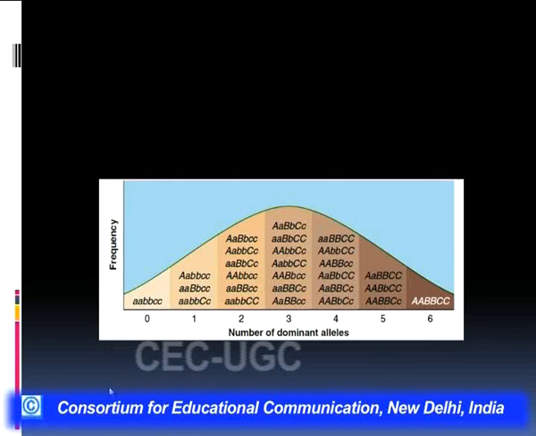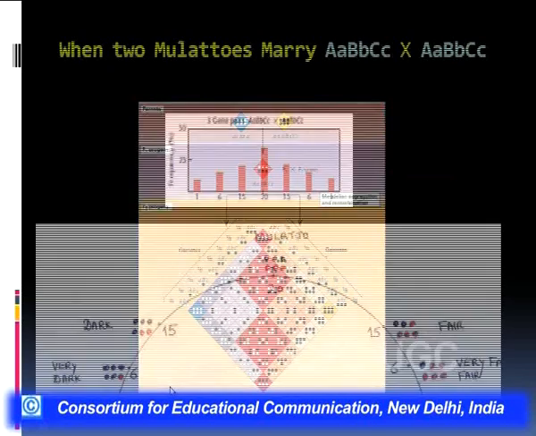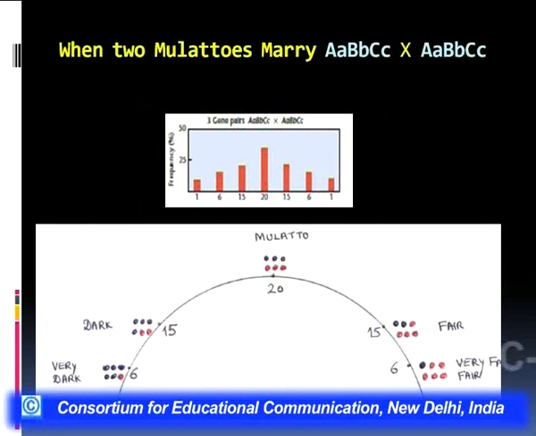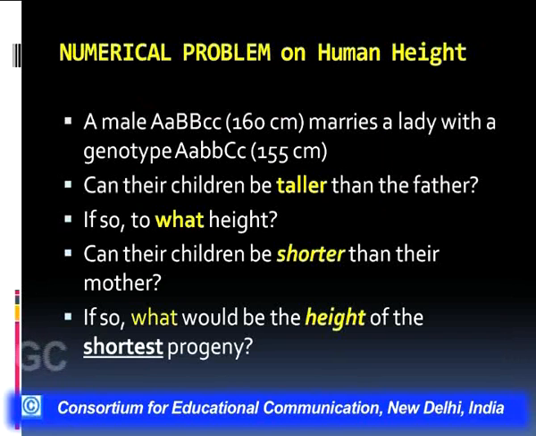If we could talk about the human height, the numerical which we usually ask is: a male is 160 centimeters tall and his genetic constitution carries 3 capital genes. He marries a lady with a genotype of 2 capital genes and she is 155 centimeters.